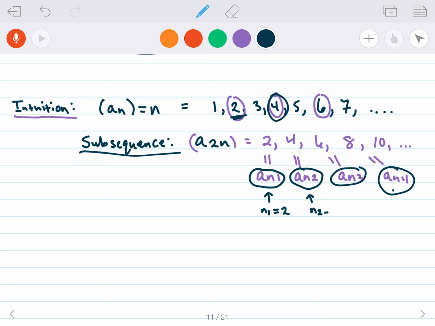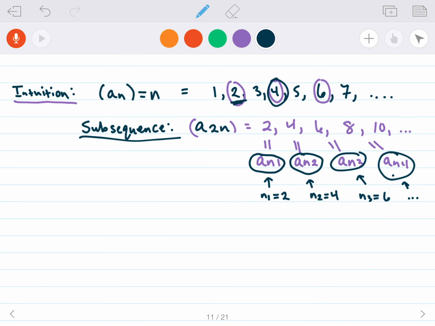N2 equals 4 because it's the 4th term in our original sequence. And so forth. So n3 equals 6. But we don't need a rule. We could have something like this.